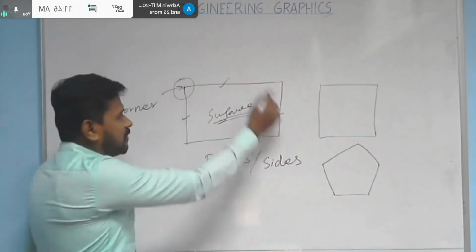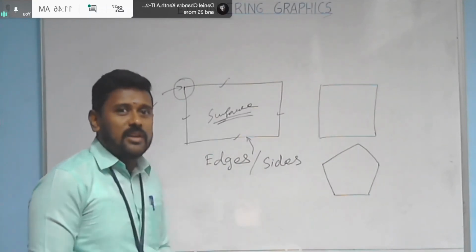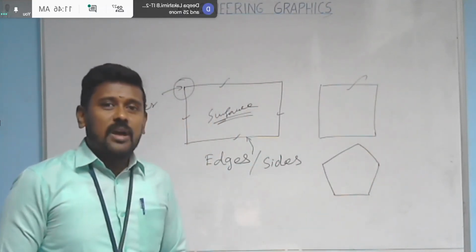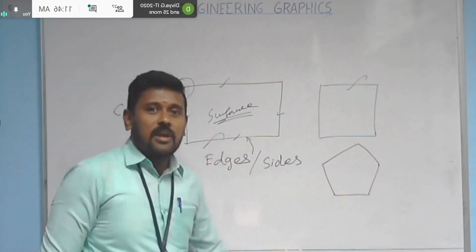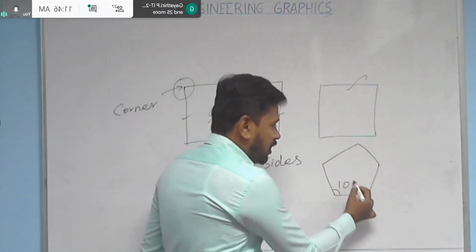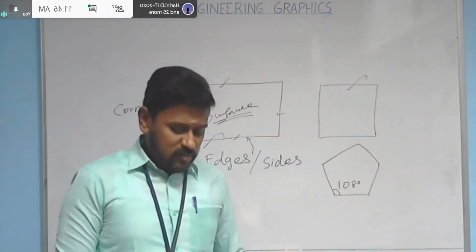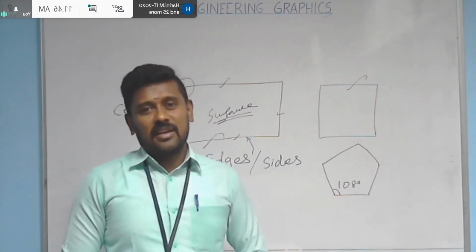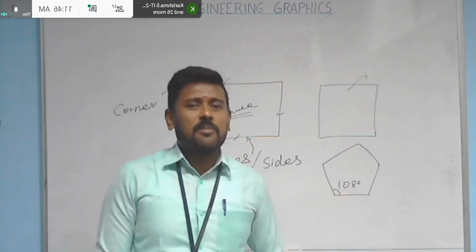If the number of sides is 4 and the sides are equal in length, then it is a square. If the number of sides is 4 and only the opposite sides are equal, then it is a rectangle. If the number of sides is 5 and the angle included between each side is 108 degrees, then it is a pentagon. In this way, how the sides are arranged with each other and the angle between the sides define which type of plane we are discussing.